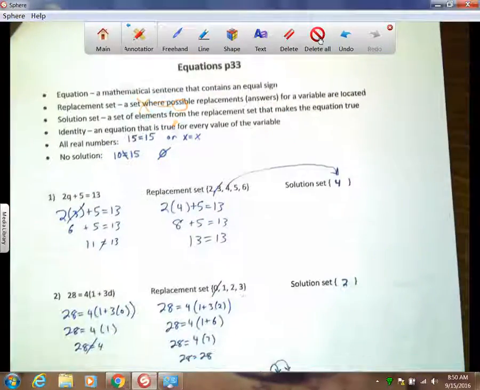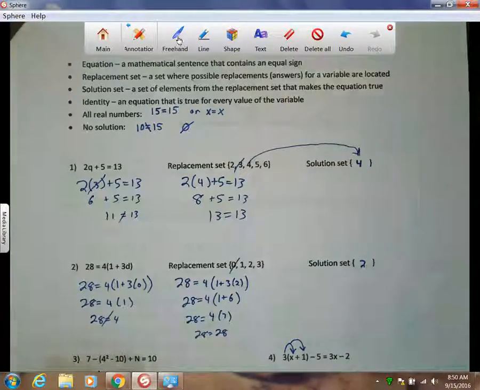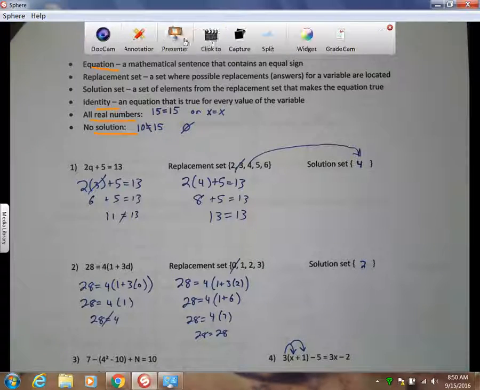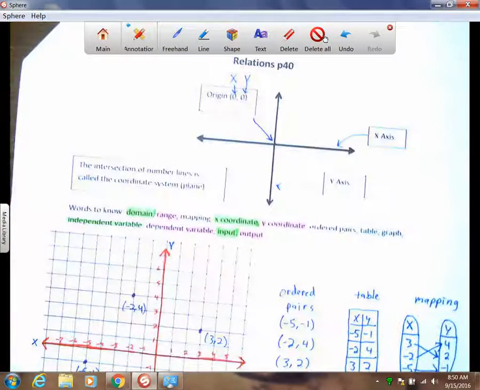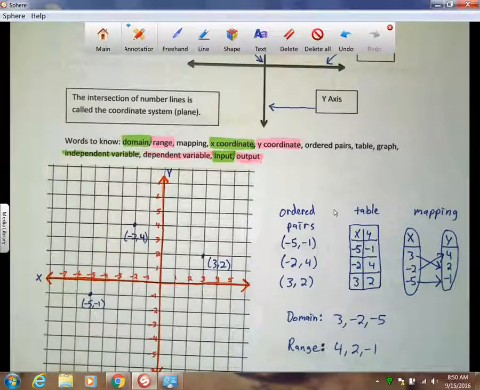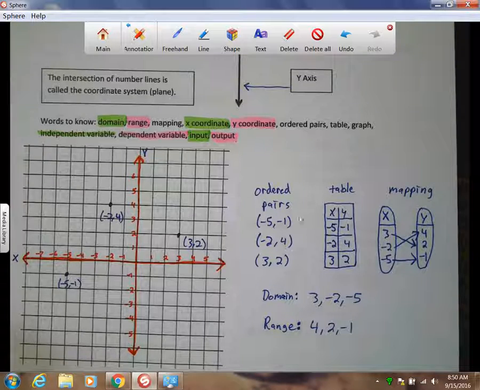Okay, so we need to remember all real numbers, identity, no solution. Those are things that people struggle with. An equation has an equal sign. Relations. I still have people yesterday who are asking me what a table is. You need to be able to change from an ordered pair to table to mapping.